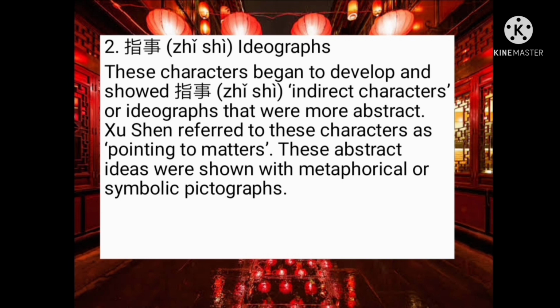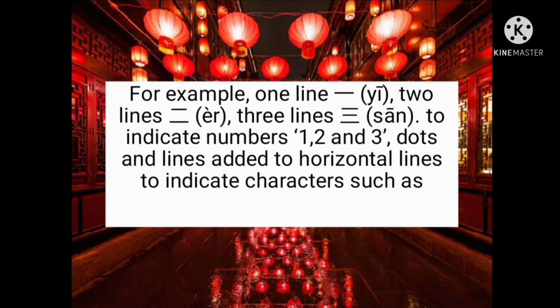Number 2. Zhishi, ideographs. These characters began to develop and showed indirect characters, or ideographs, that were more abstract. Xu Shen referred to this category as pointing to matters. These abstract ideas were shown with metaphorical or symbolic pictographs.